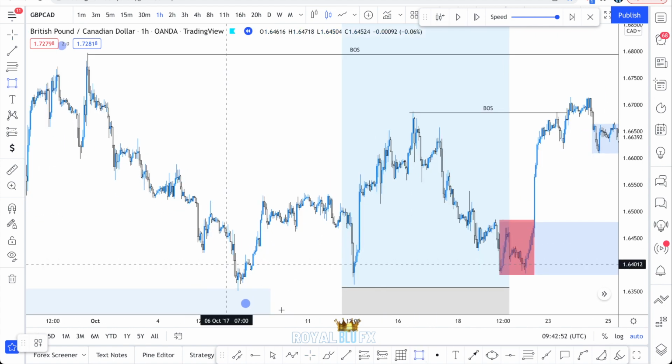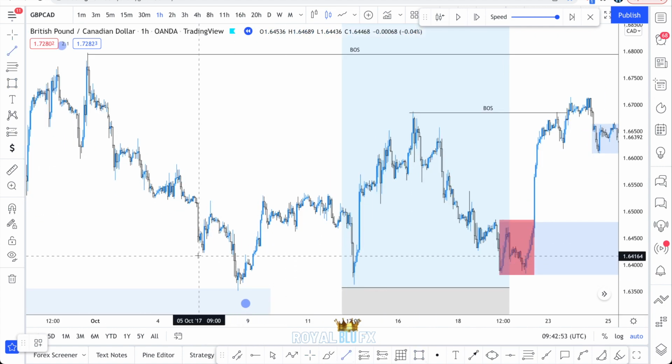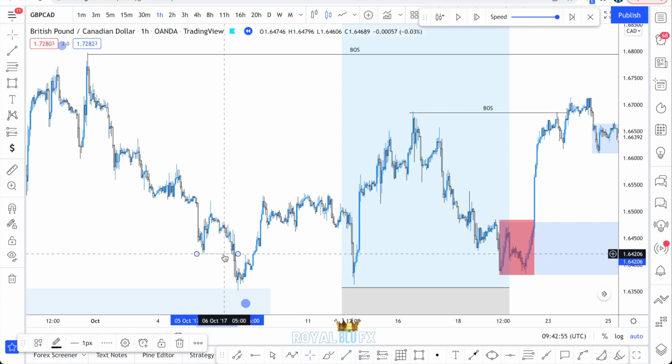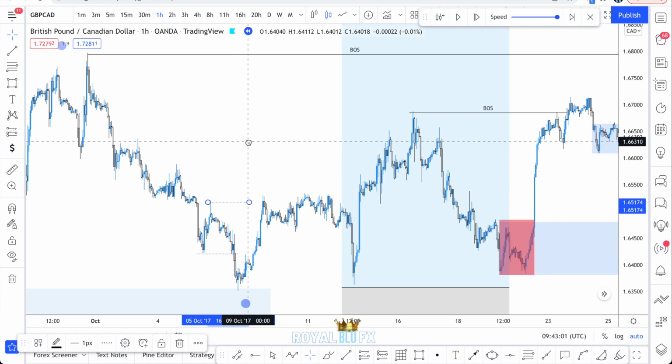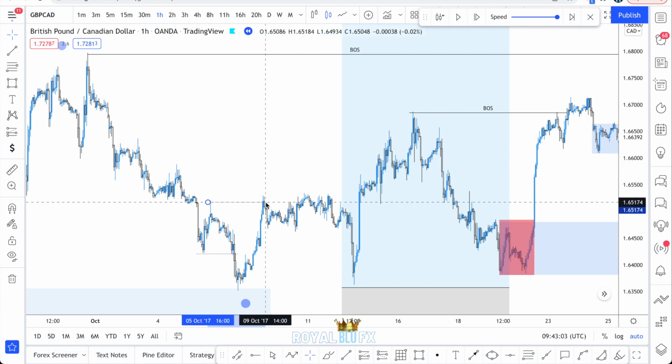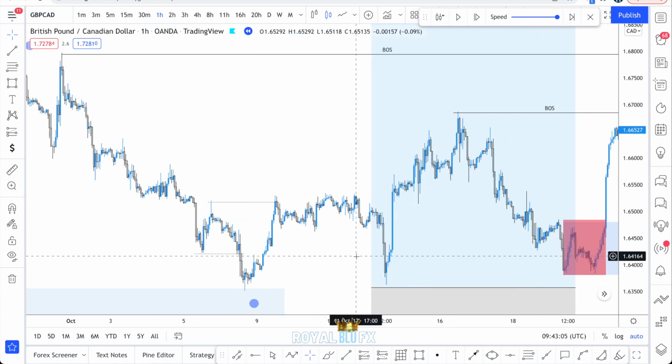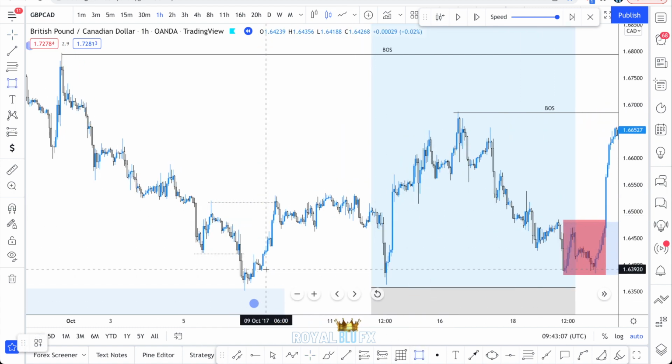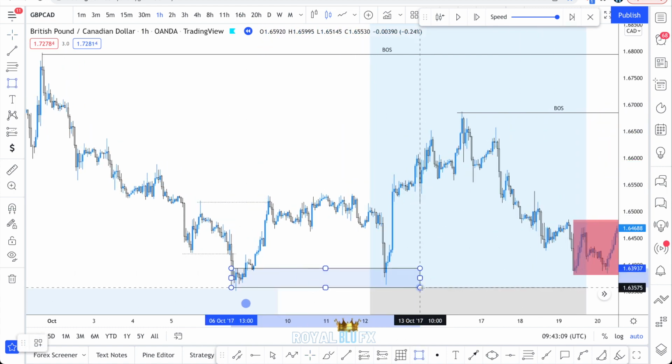You can see the low is broken first, right down here. You can see the high was broken second. Right there. We wait patiently for the markets to come back down to an order block, and then we would look to strike here.